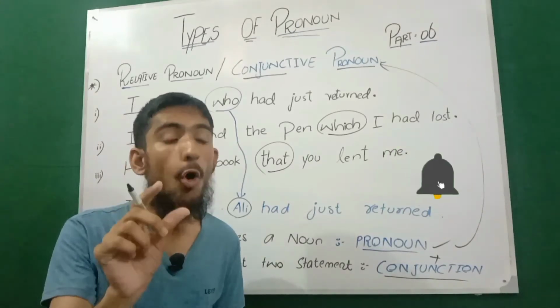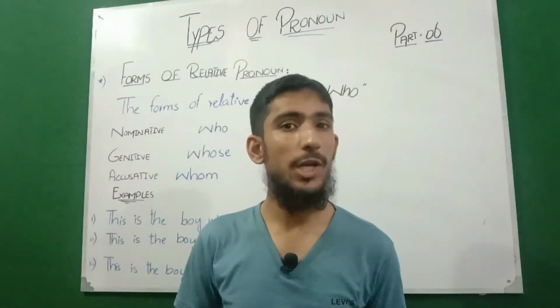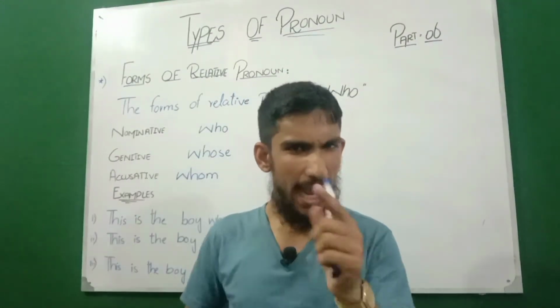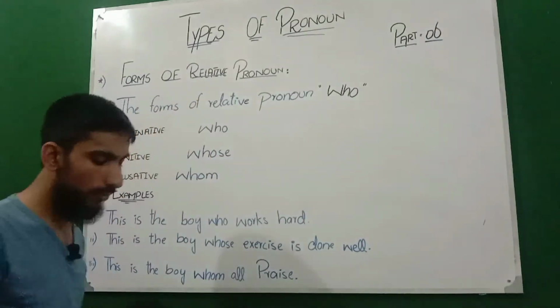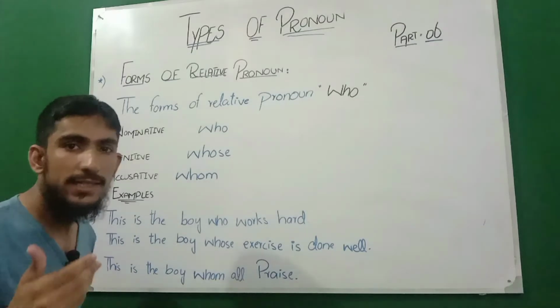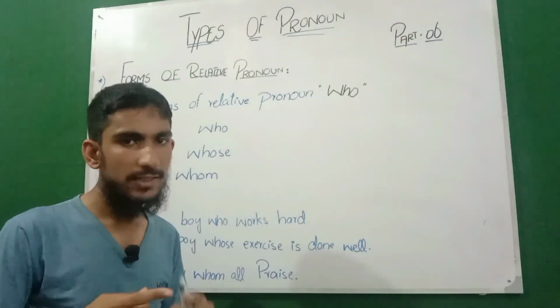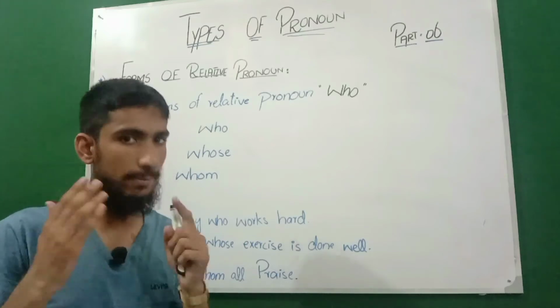Now we will discuss the forms of relative pronouns in a very grammatical and conceptual way. So we are starting from who. Who is a relative pronoun, and as we have discussed in our other videos, there are three cases. One is the nominative case, which is the subjective case.